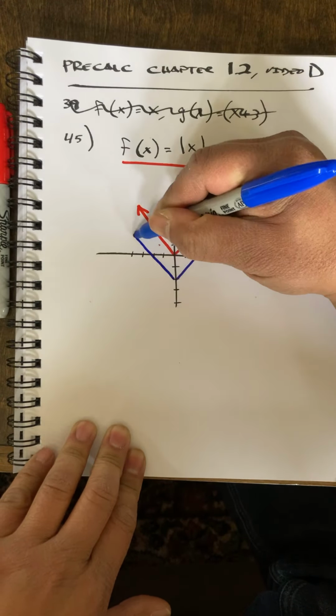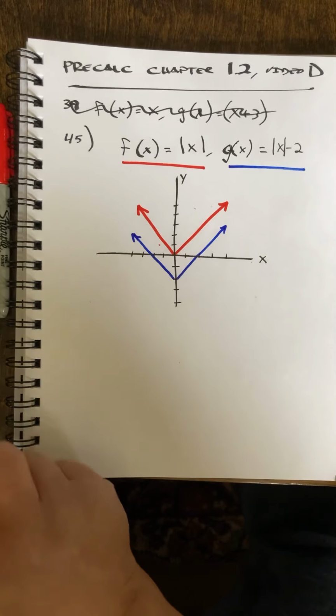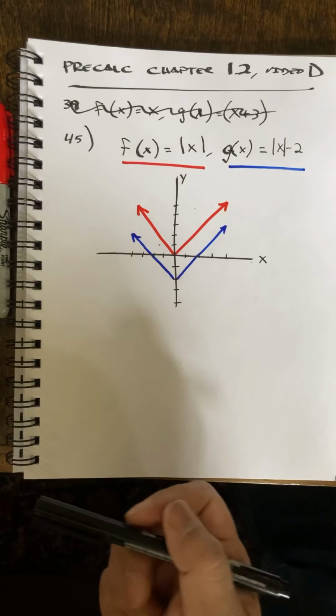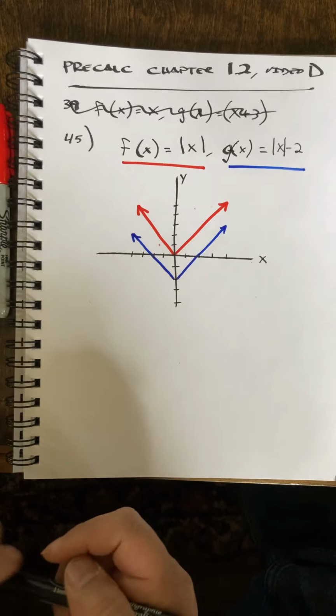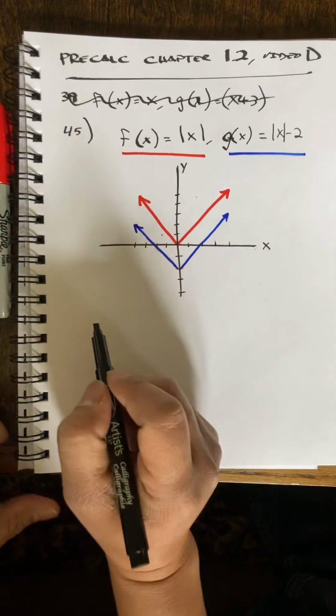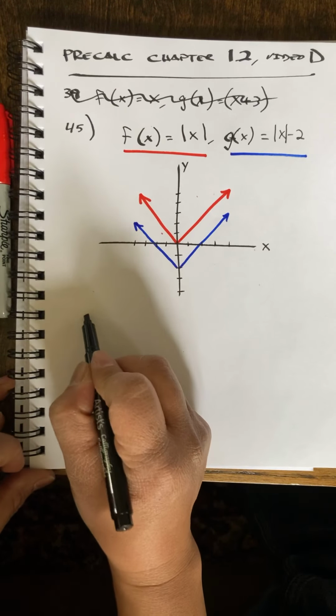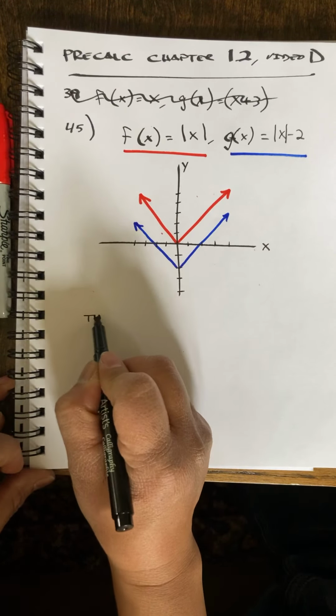And the command on this problem is describe how the graph of g is related to the graph of f. And let's just go ahead and say the graph of g of x, I should say, is 2 units shifted downward, okay?